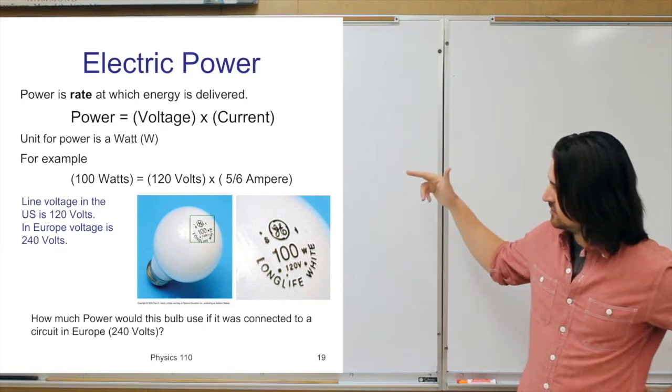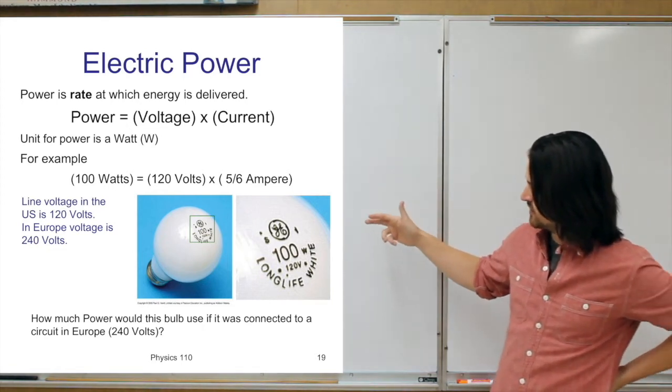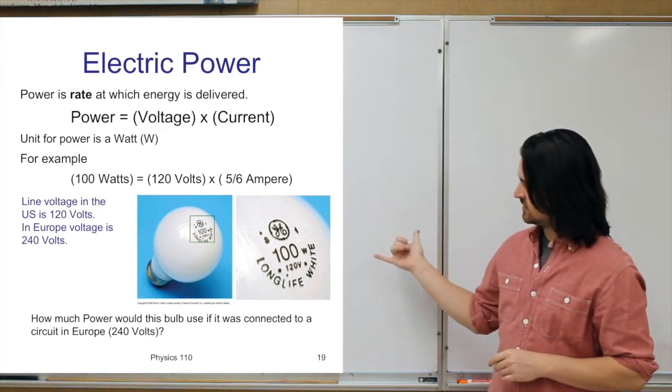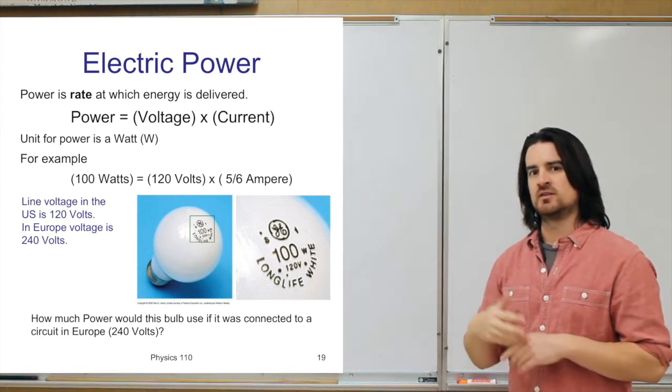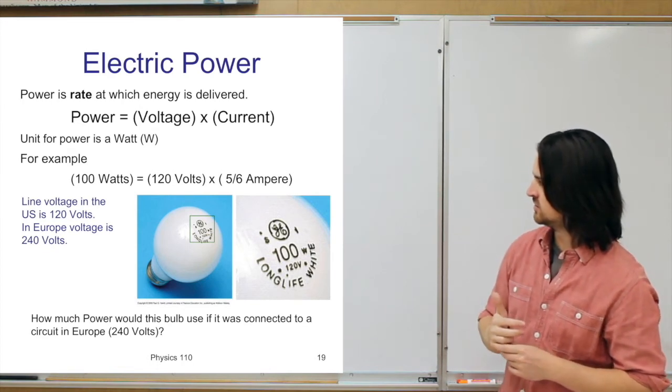So as an example, you have an incandescent light bulb that's maybe a 100-watt light bulb, and as shown in this picture here, it's meant to be connected to a 120-volt source. So how much current flows?